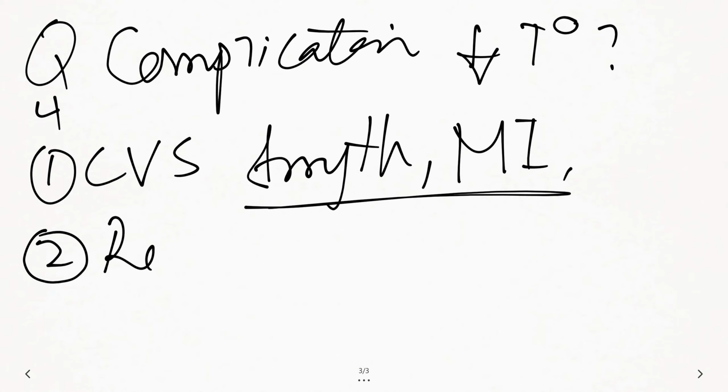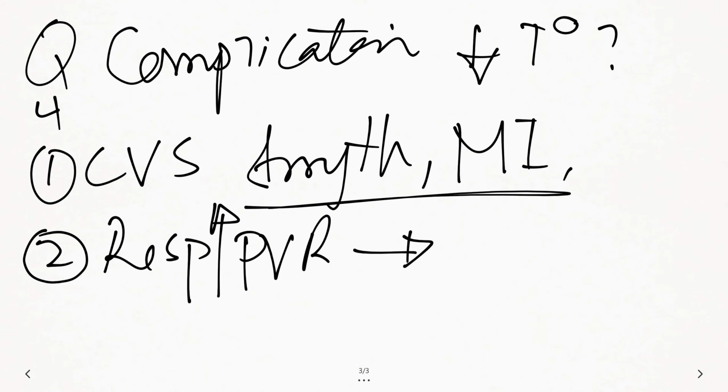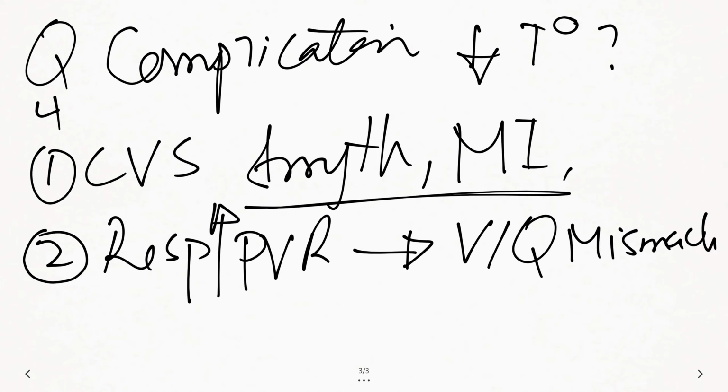In the respiratory system, this patient will develop something called increased pulmonary vascular resistance. Okay, and this will lead to something called VQ mismatch, and this will lead to hypoxia, right?